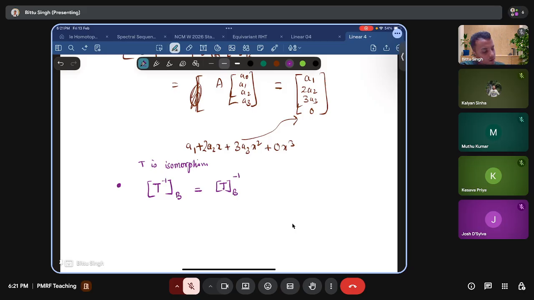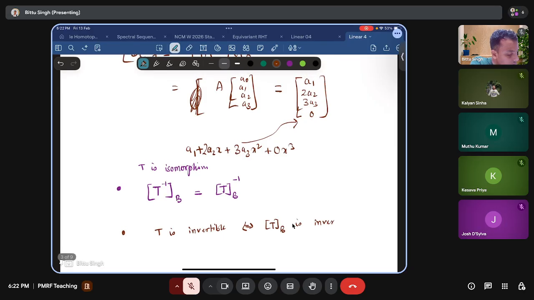And I should also mention T is invertible if and only if the corresponding matrix representation is an invertible matrix. So invertible means isomorphism. Whenever I say invertible, it means isomorphism. Okay, so those are some important facts.